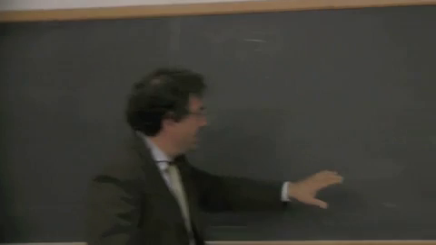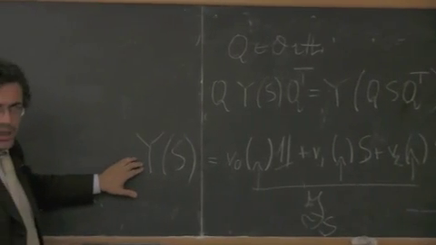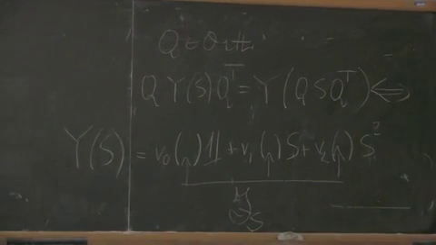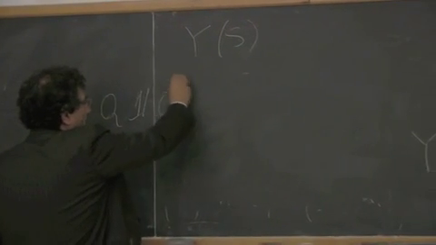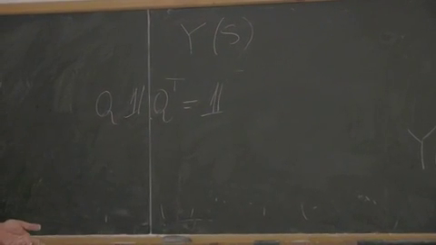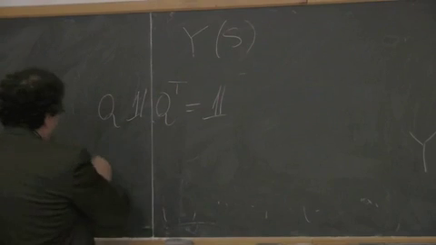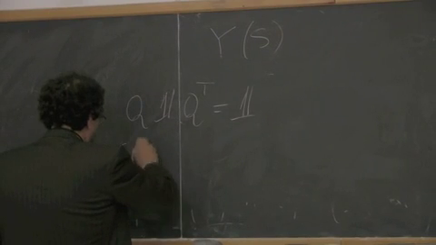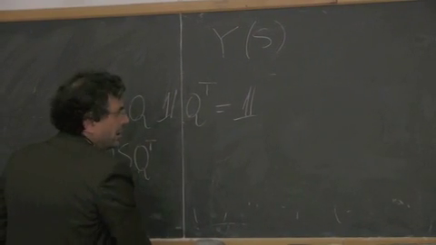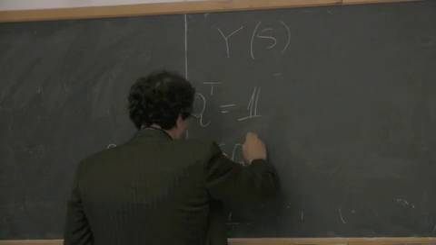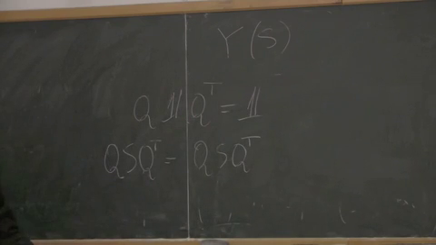So to prove that this function is isotropic requires simply to prove that Q identity Q transposed equals identity, which is trivial. Q S Q transposed is equal to Q S Q transposed, which is trivial.